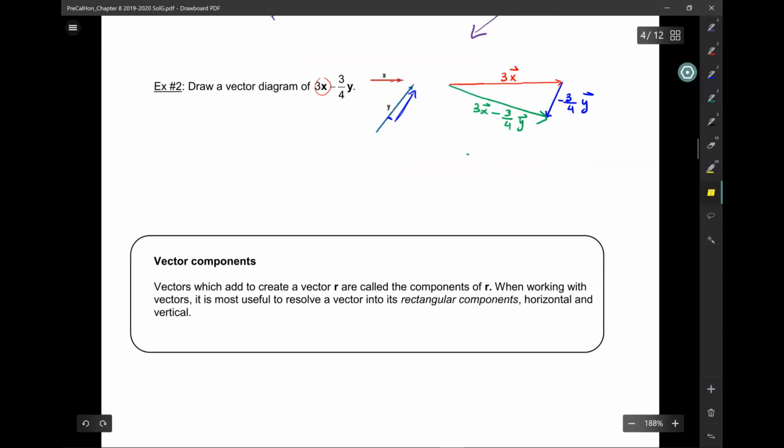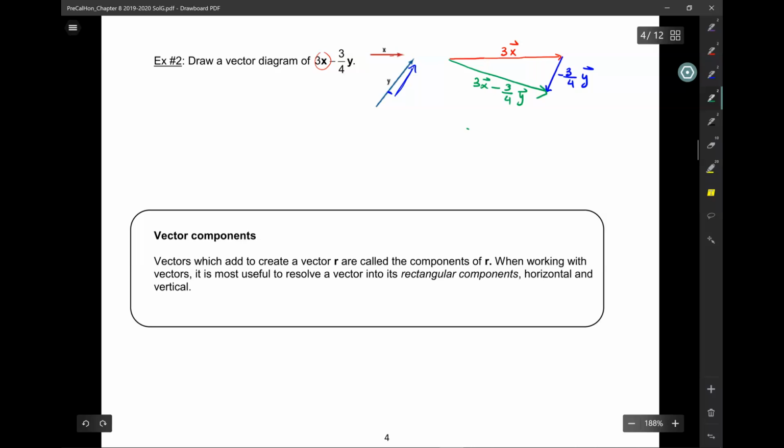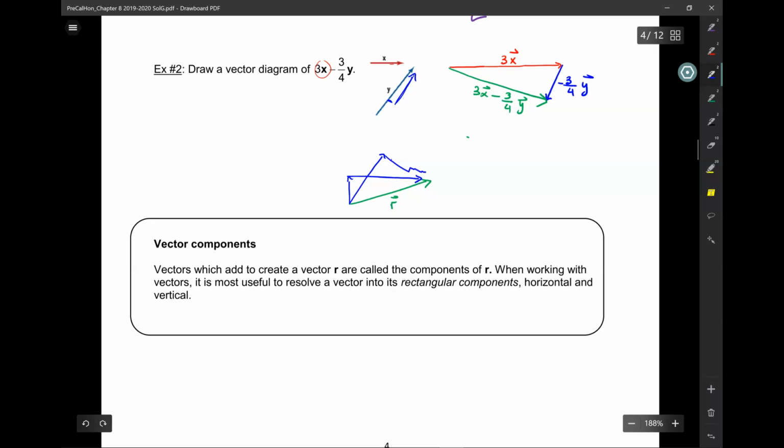Now, I can draw a vector and call it R, and I can draw components to this vector, and there are many, many choices. There is an infinite number of vectors I can draw as components of this vector. So basically, I could say that and that are components of that vector, right? Sure. I could say this and this are components of that vector.